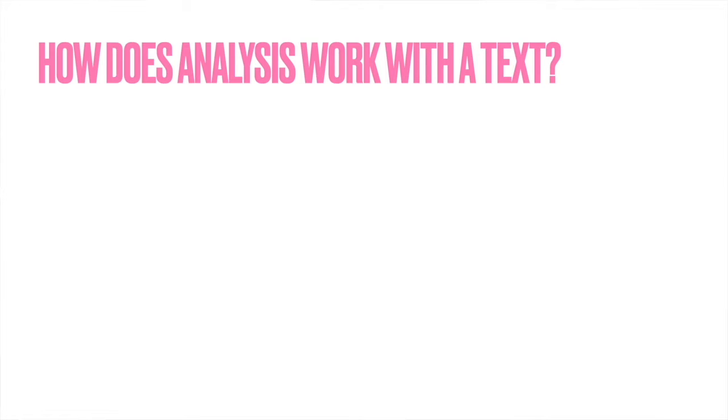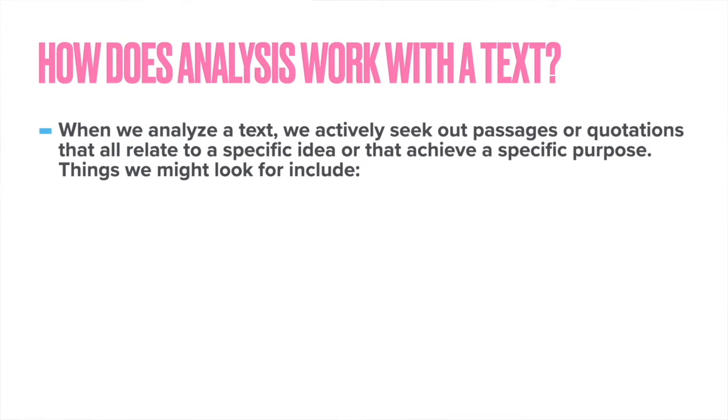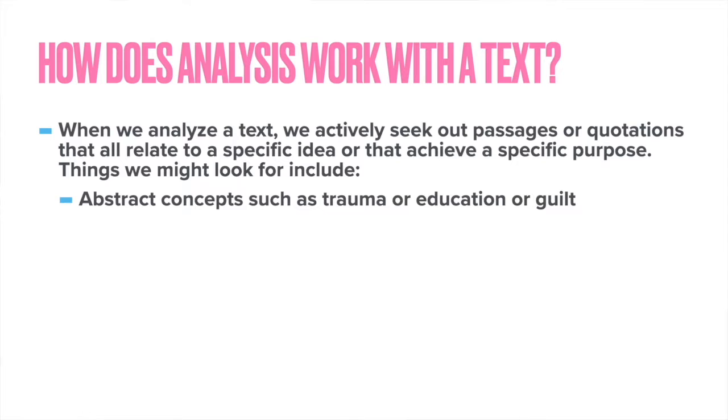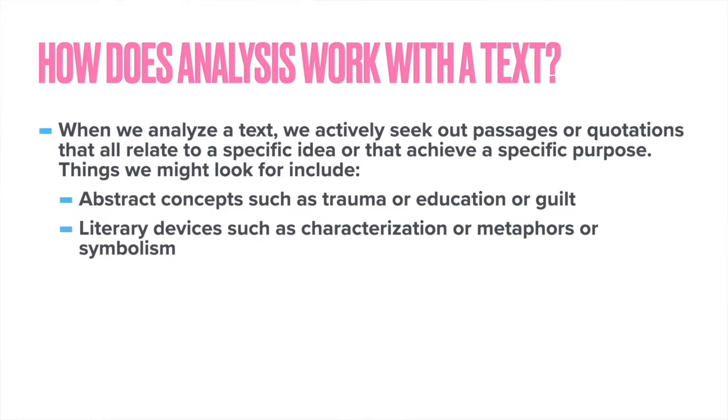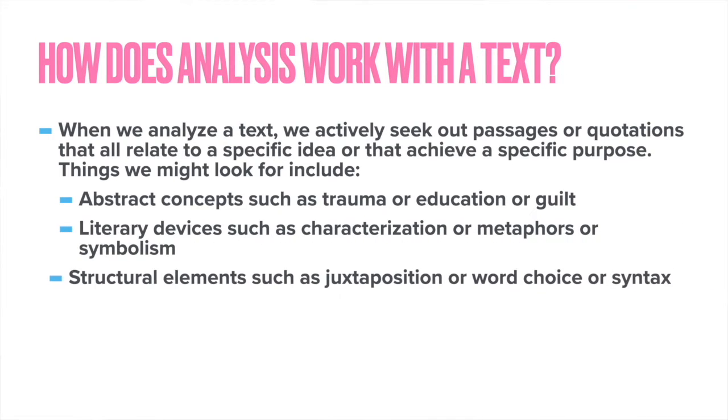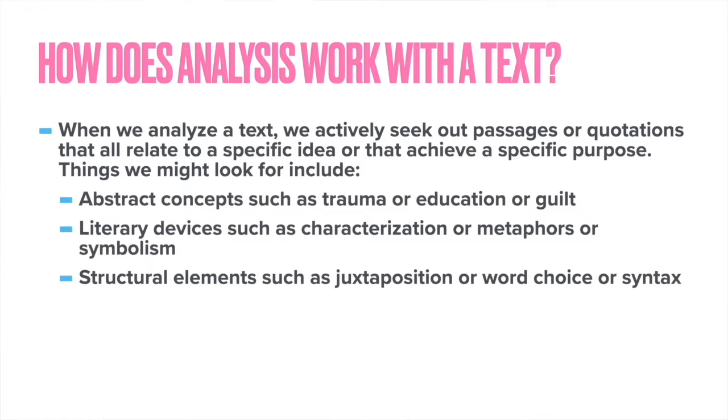So when working with a text, we actively seek out passages or quotations that relate to a specific idea or that help to achieve a specific purpose. We might look for things like abstract concepts, literary devices, and structural elements.